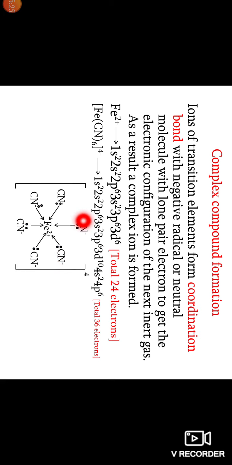I repeat, iron 2 plus has a total of 24 electrons. It is 12 electrons short of the electronic configuration of the nearest inert gas krypton.